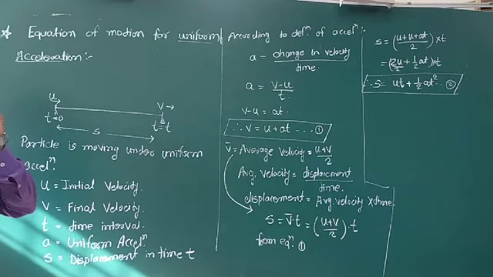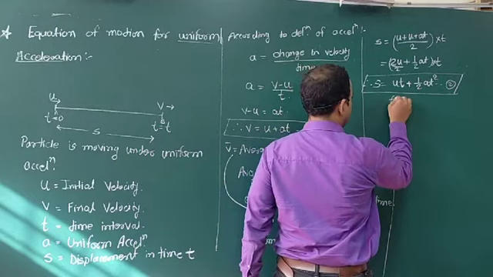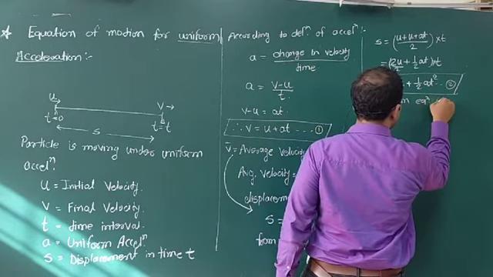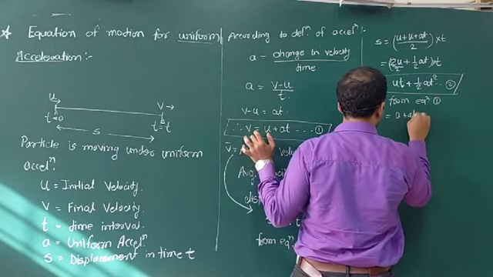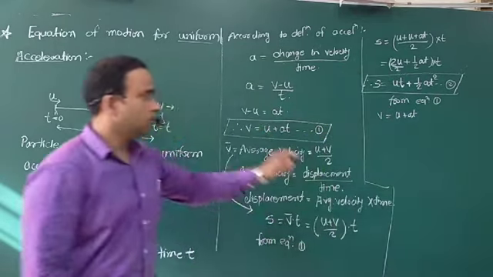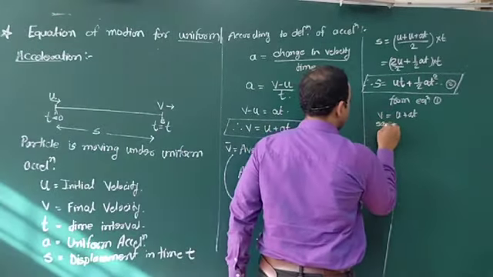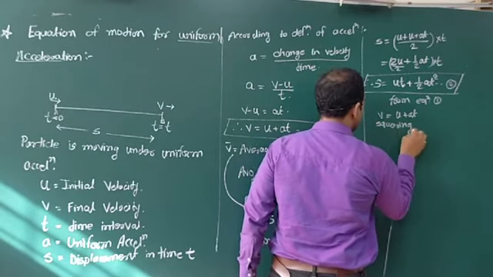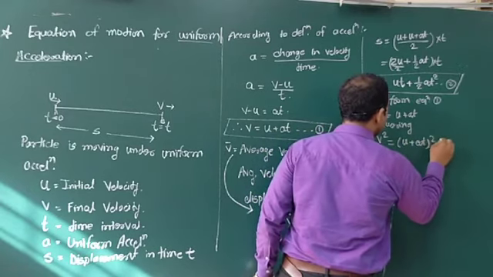This equation number 2 is also known as the second kinematic equation. Now see here, from equation 1, v is equal to u plus at. Squaring on both sides, we get v square is equal to (u plus at) whole square.